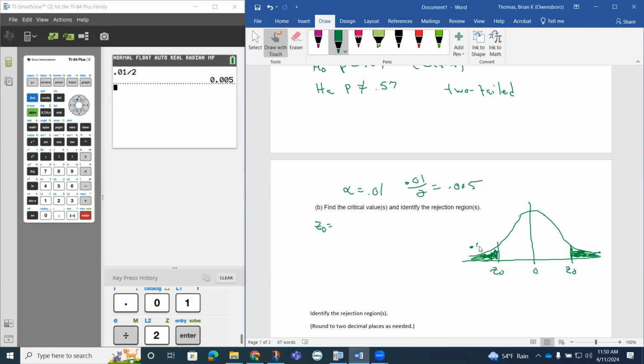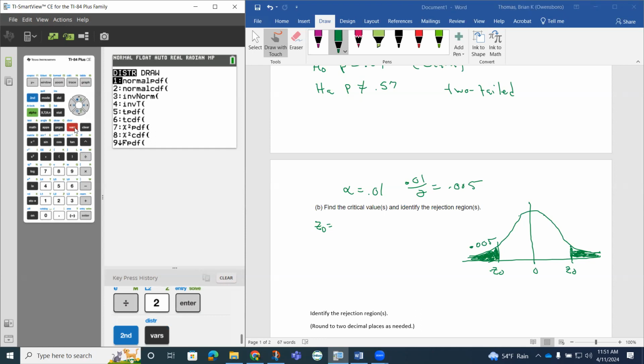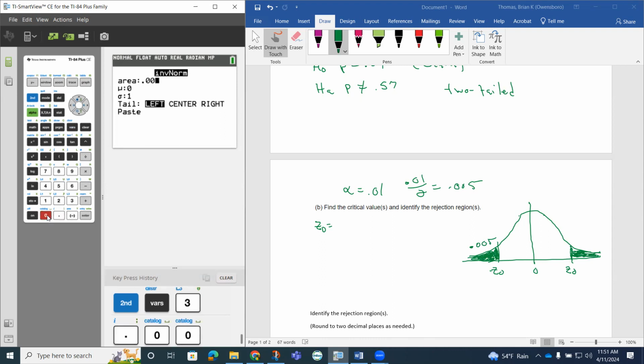So again, what I usually do is just find the area to the left of negative z0 here. Because the way the table works and the way the calculator typically works, it does the area to the left. So if I do second distribution, that gives us our menu, and inverse norm is number 3. The area is going to be this 0.005.